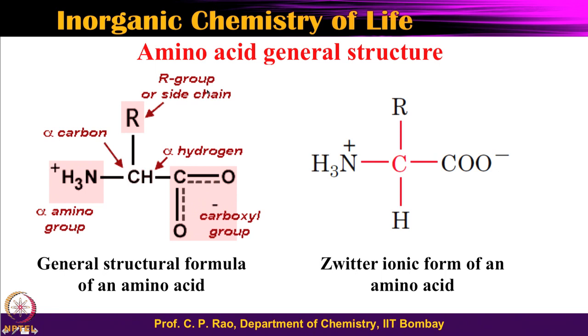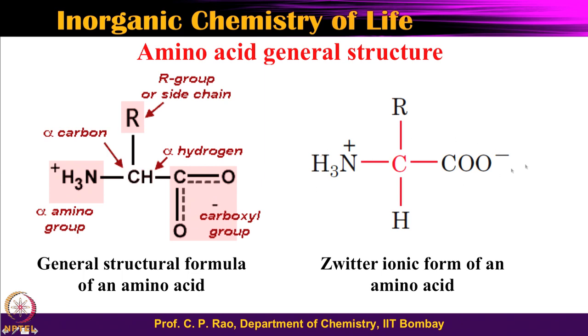This side chain varies from one amino acid to the other among the 20 naturally occurring amino acids. Of course, today 21 is also added in the literature, which is selenocysteine, but otherwise we can take just 20 amino acids. The carboxylic group loses a proton and the amine group gains a proton; such a structure is called the Zwitter ionic structure, and it depends on the medium pH.